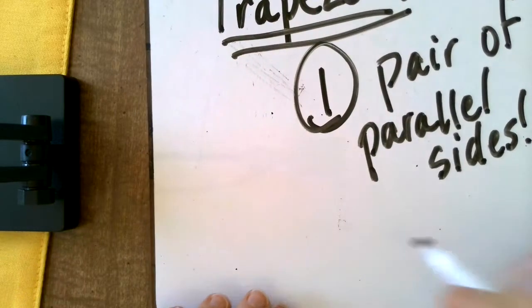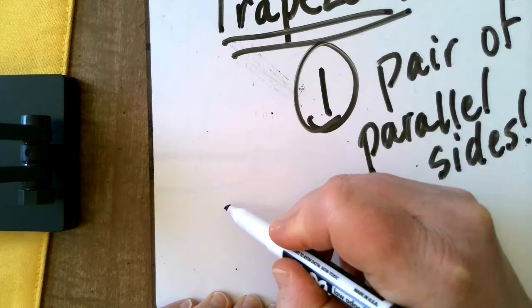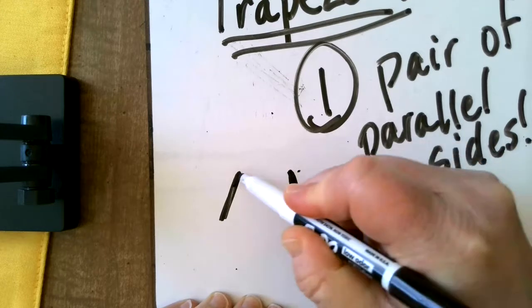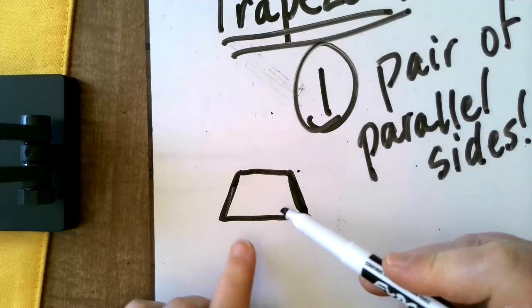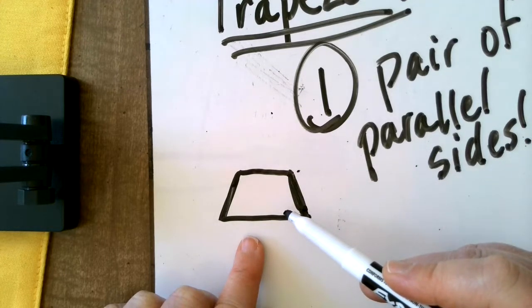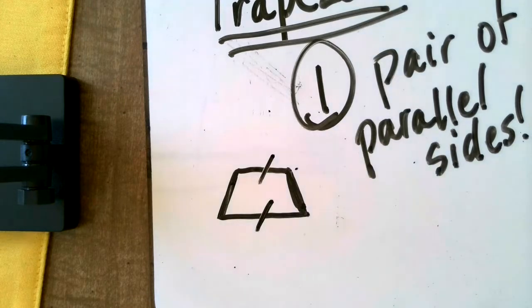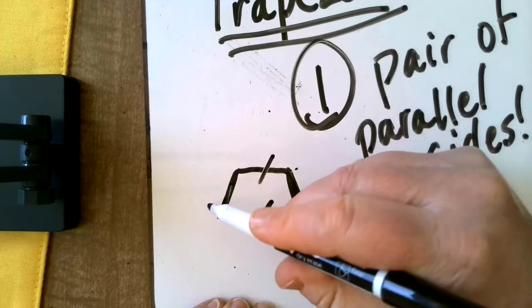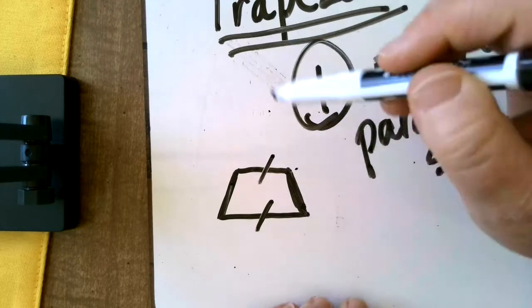So let me show you how this is going to look if I draw my trapezoid. So I'm going to draw kind of two diagonal lines. And then here's my one set of parallel sides. Notice my angles are not 90 degrees. So here is my set of parallel sides right here. You might say, now wait a minute, they don't intersect. They're parallel. But watch what happens.